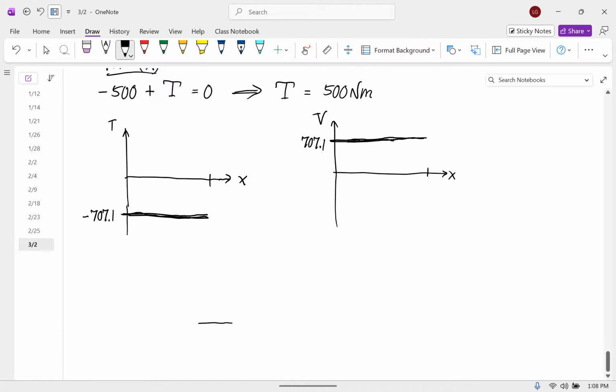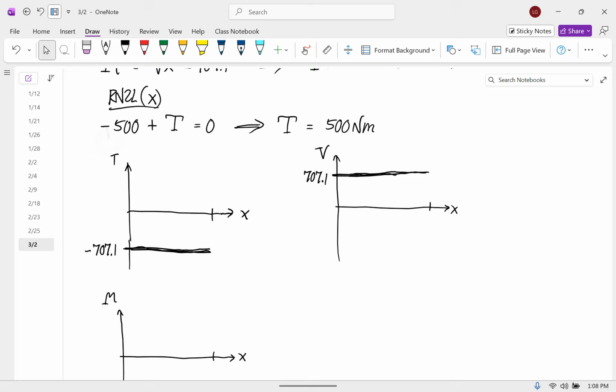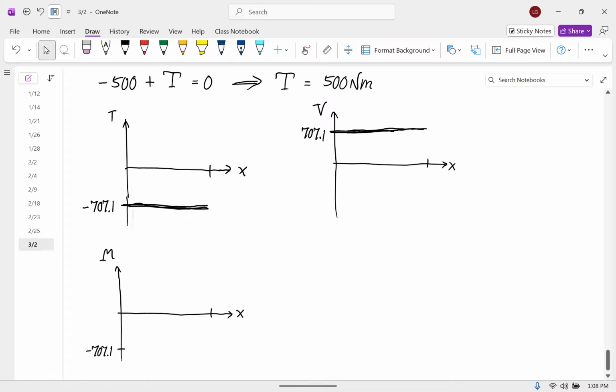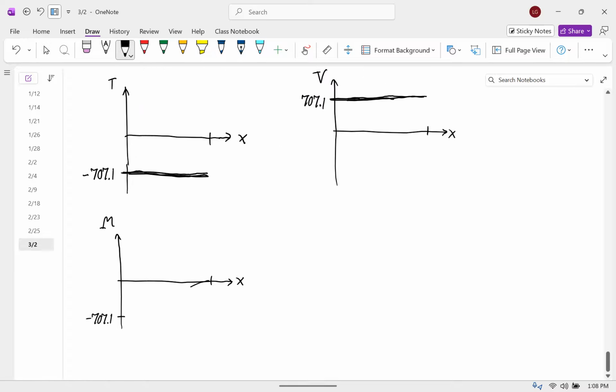The bending moment is where you get something a little different. So that one, you start at negative 707.1. And by the time you get to x equals 1, it's at 0.